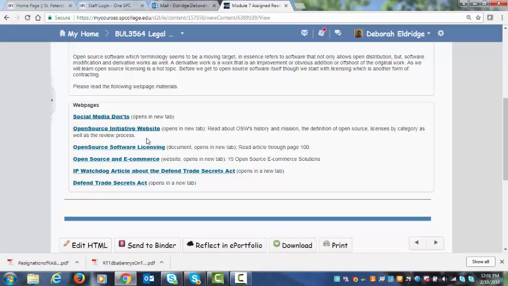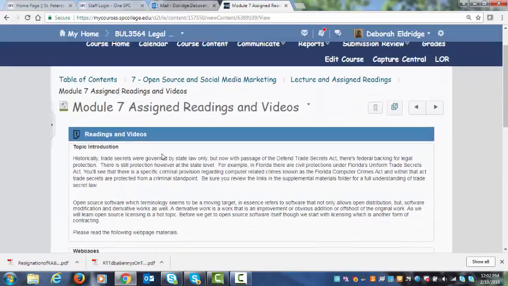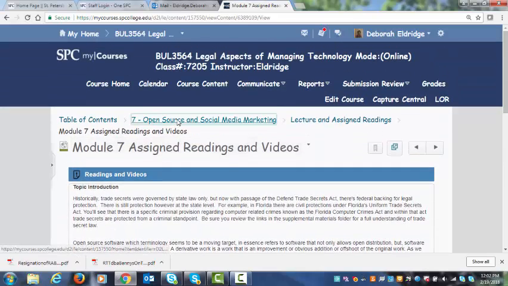But from a business standpoint, social media is a mecca for marketing and really an inexpensive way to market your goods, your services, your wares, whatever it is that you have to offer. So you utilize social media marketing, but in doing so, remember there are certain don'ts. There are certain things that you cannot do on social media, even from a business standpoint, or should not do, I should say.